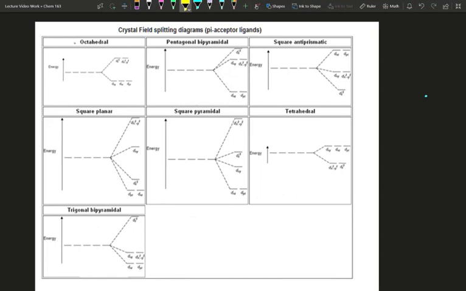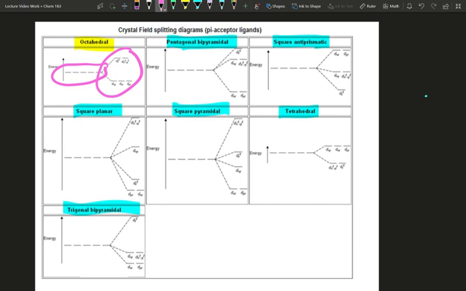Depending on the geometry, your orbitals will be overlapped more or less by the various ligands. In an octahedral system, the way the overlap ends up working is that it favors 2 of the orbitals going up in energy and 3 of them going down. So our original 5 d orbitals split in order to accommodate the overlap with the ligands.